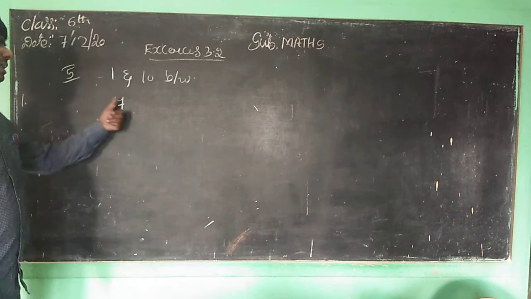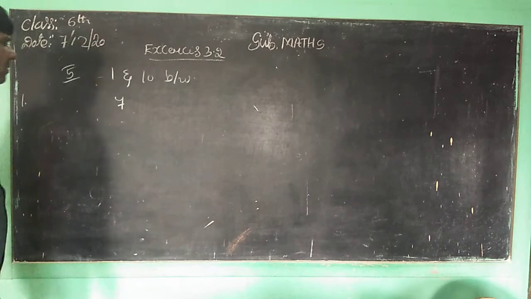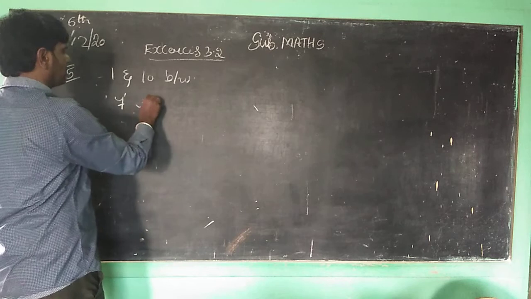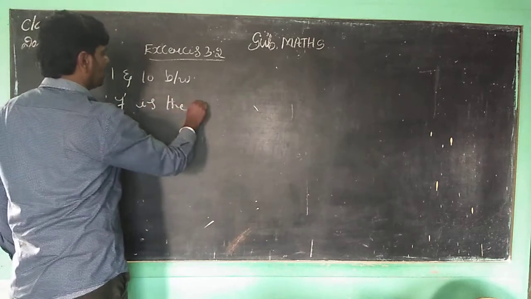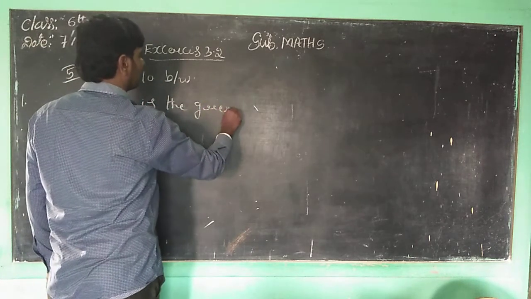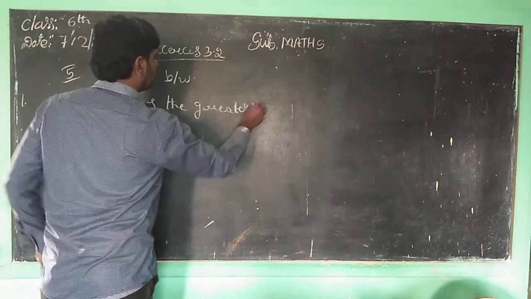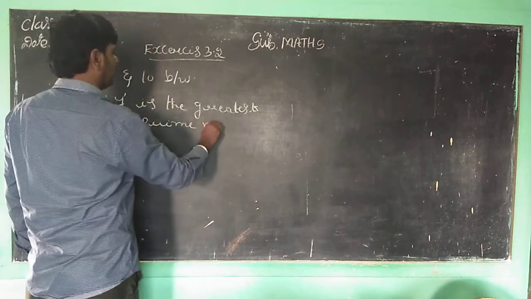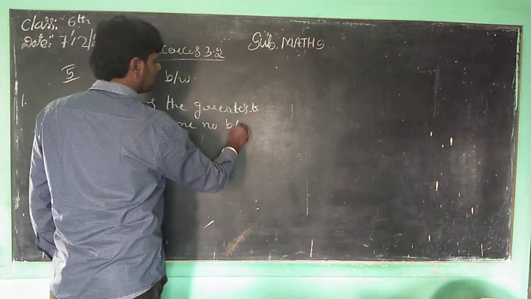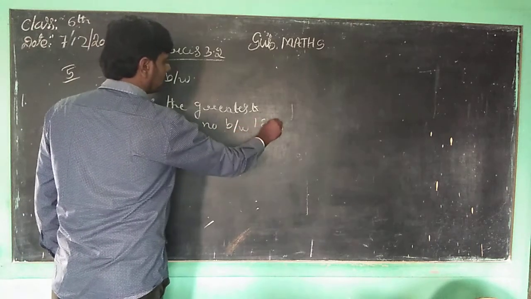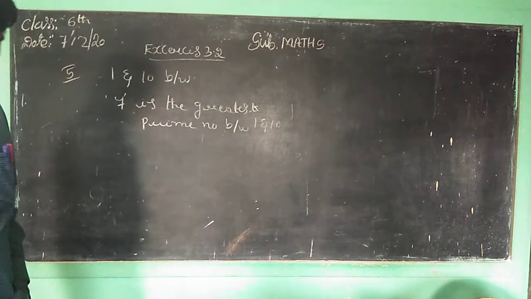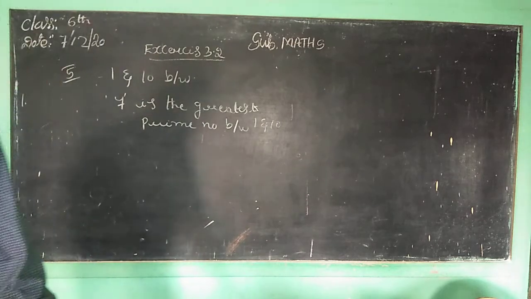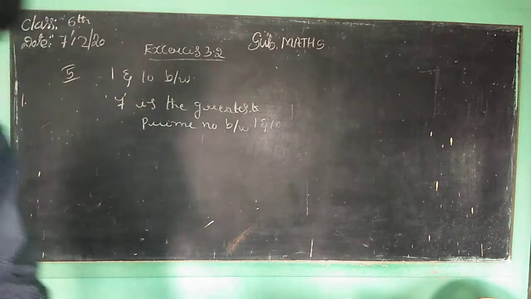Okay? The greatest prime number is 7. Correct, children?